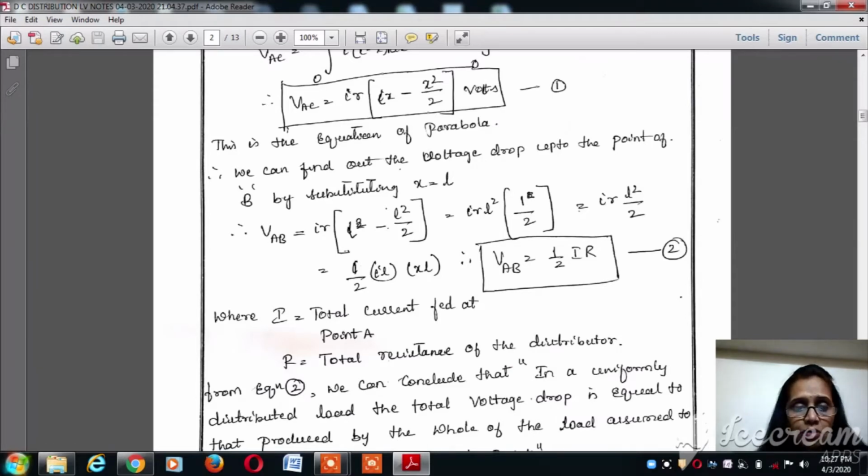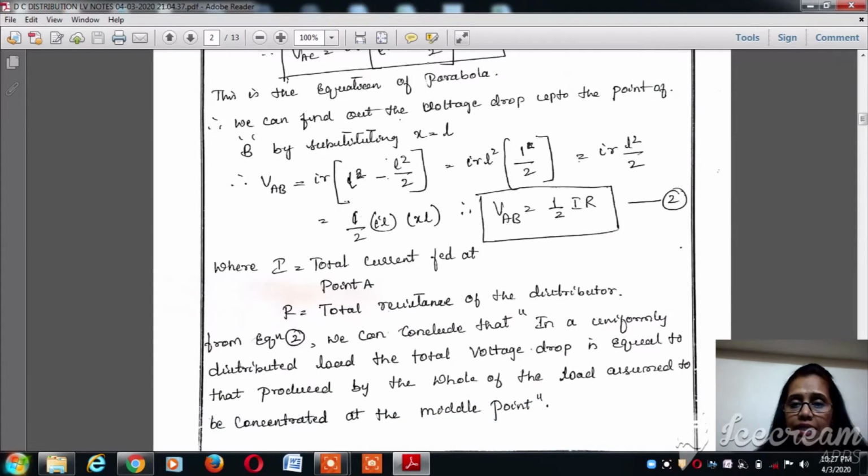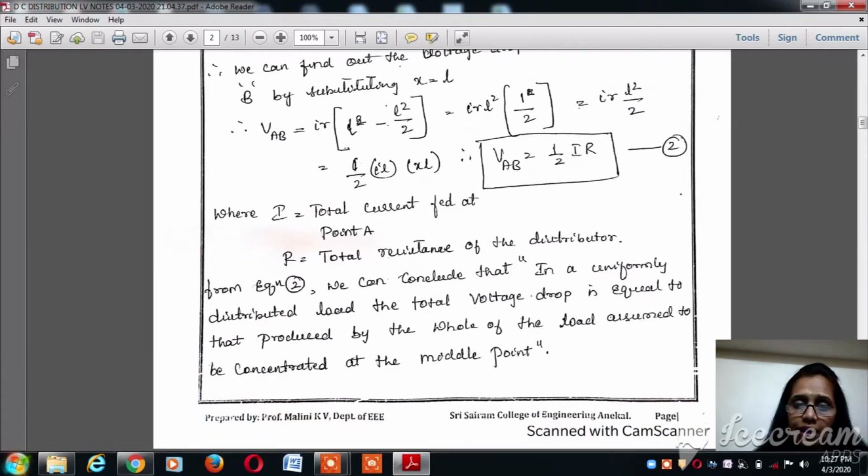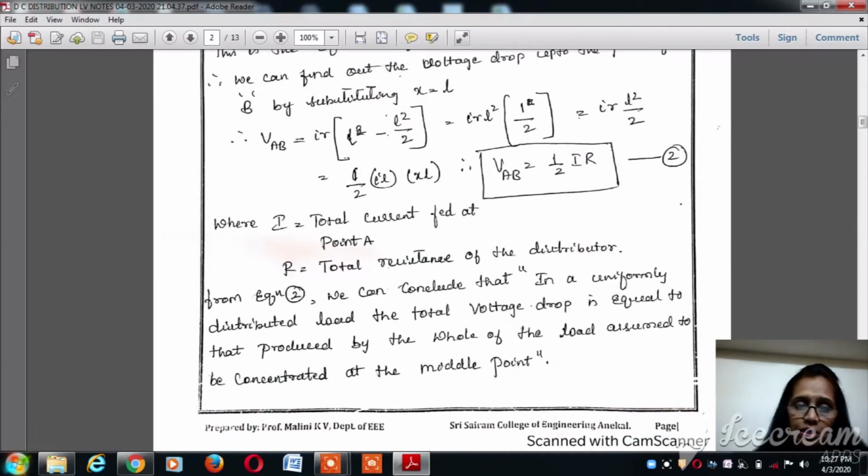And we can write this as half into I L into R L, and then VAB is equal to half into I into R, where I is the total current flowing through the length of the distributor, that is I into L, and R represents the complete resistance of the distributor wire, that is r into L. So I is the total current fed at the point A, and R is the total resistance of the distributor.